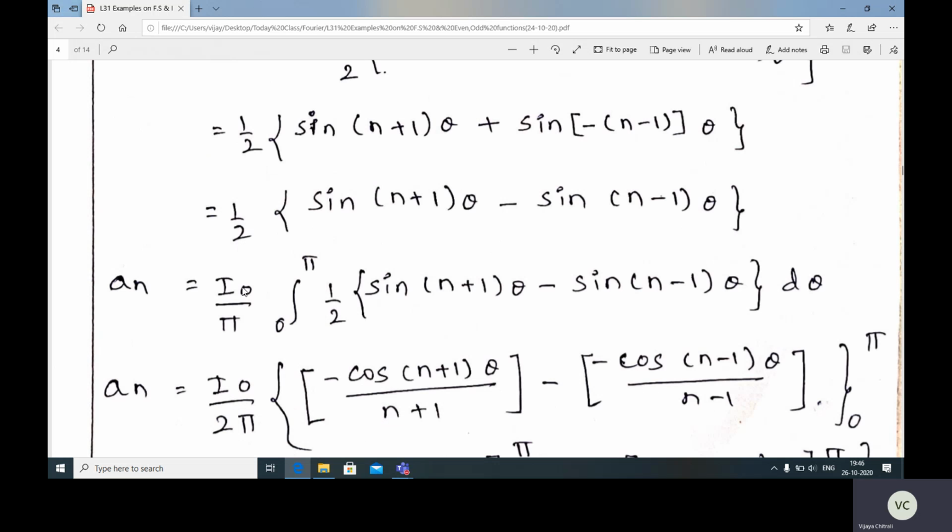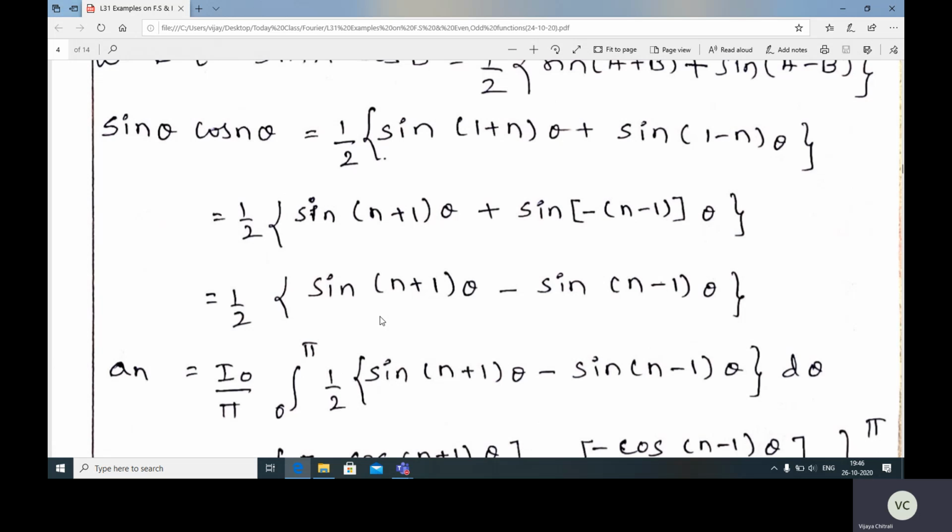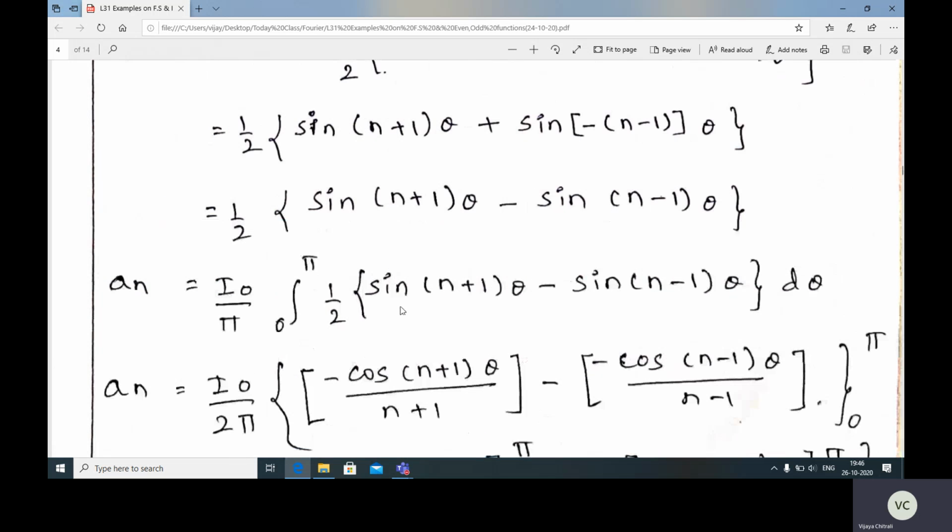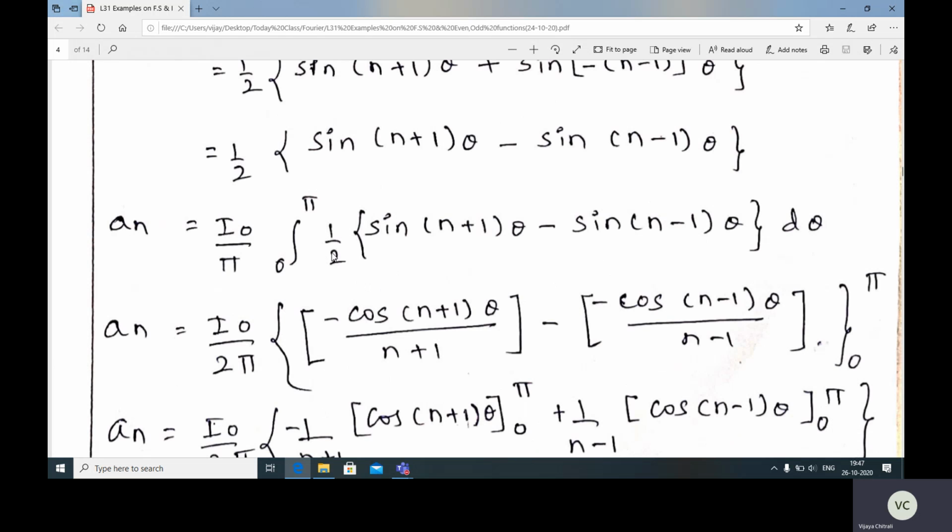Now I₀. So next step, a_n is equal to I₀ by π, integration from 0 to π, and here sin θ cos nθ dθ is replaced by 1/2 [sin (n+1)θ − sin (n−1)θ] dθ. Now integrate this. 1/2 is like a constant, take it outside.